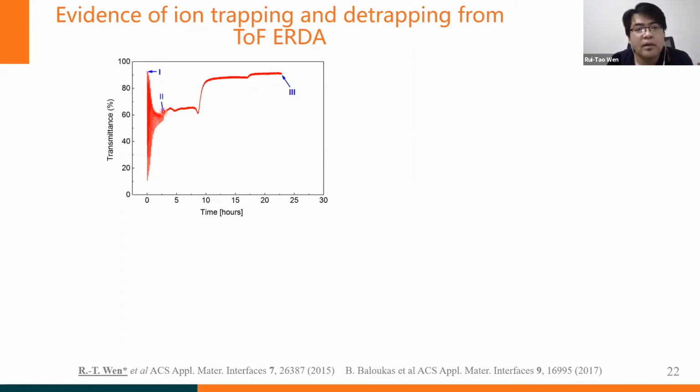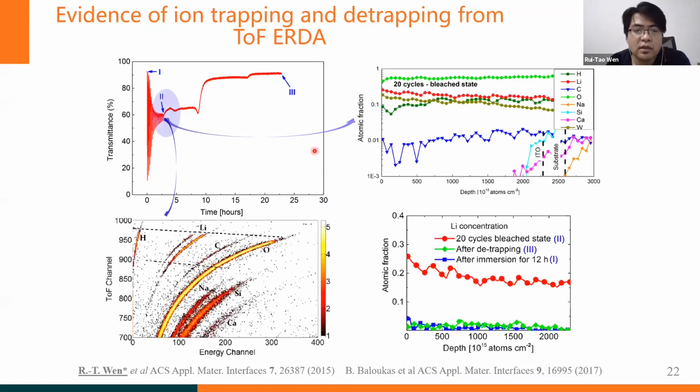So then we apply the constant current or constant potential to refresh the film, and you can see we are able to refresh the film, and get state 3. So in principle, state 1 and state 3 shouldn't have any lithium ions inside, but state 2 should have a lot of lithium ions, right?